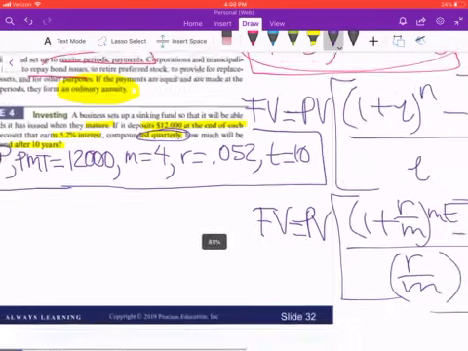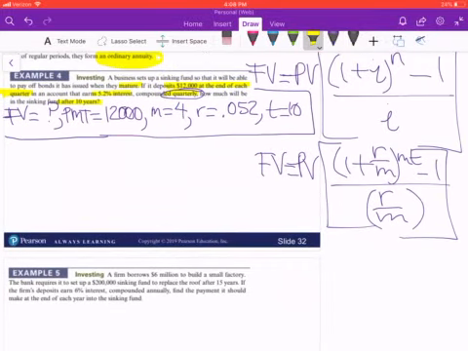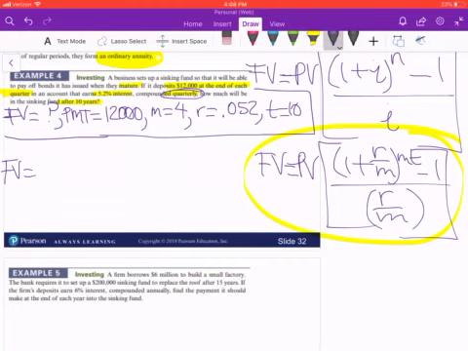So from here, we're going to enter everything in our formula. I'm going to be using the one that we have here. And so the future value will equal, in brackets, parentheses, 1 plus, parentheses again, 0.052 divided by 4, because it is quarterly.